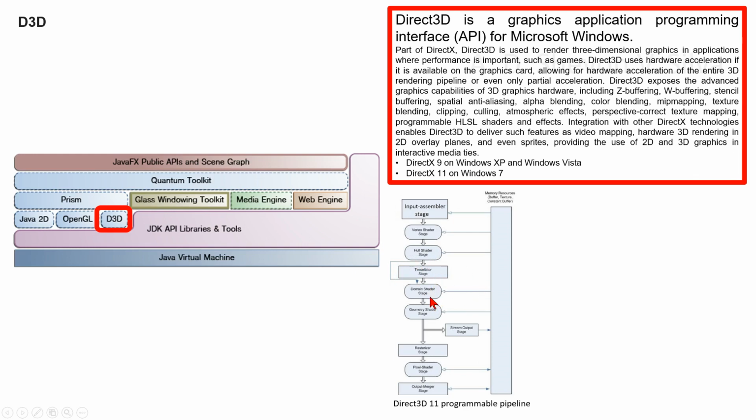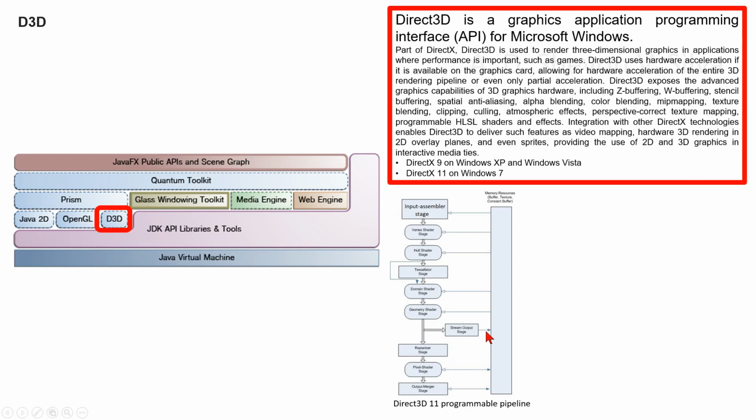The domain shader stage is connected to the geometry shader stage, and the geometry shader stage is connected to the stream output stage and the rasterizer stage. The rasterizer stage is connected to the pixel shader stage. The pixel shader stage is connected to the output merger stage. The stream output stage is connected to memory resources.